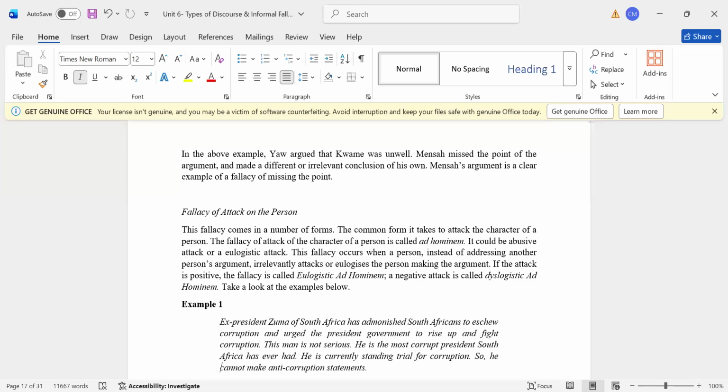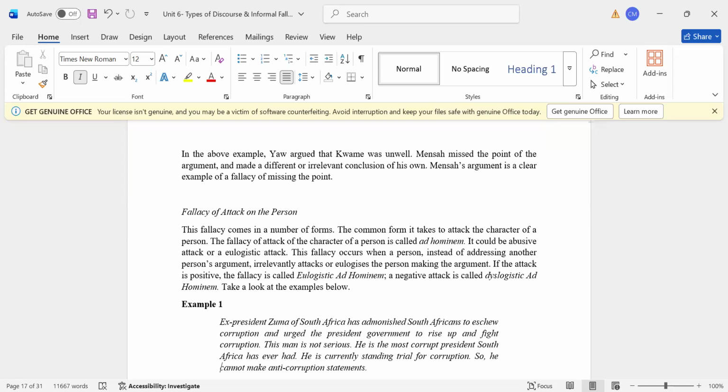The general Latin term is ad hominem, whether you attack negatively or positively. But in some instances, ad hominem is divided into two. When you attack negatively, it is called dyslogistic ad hominem, but the technical term is ad hominem. When you attack positively to draw a conclusion, it is eulogistic ad hominem.